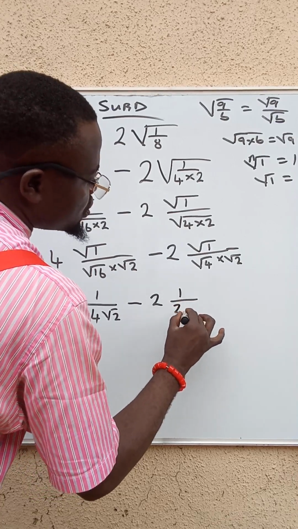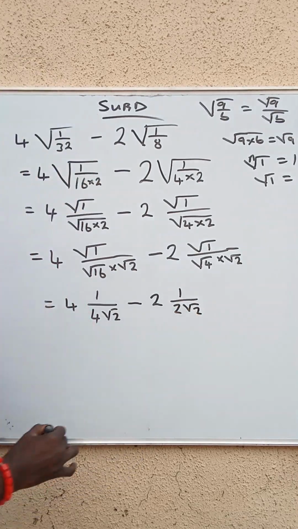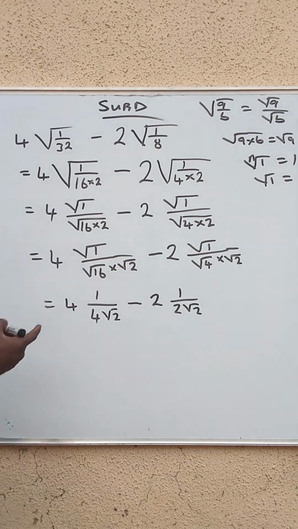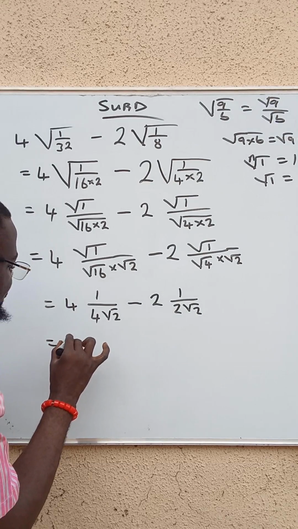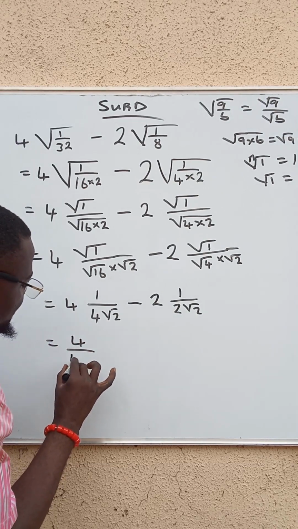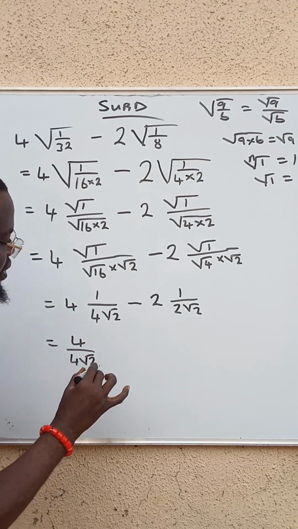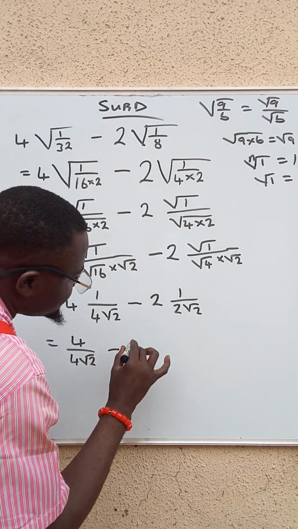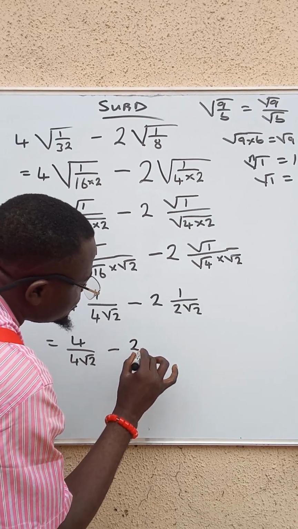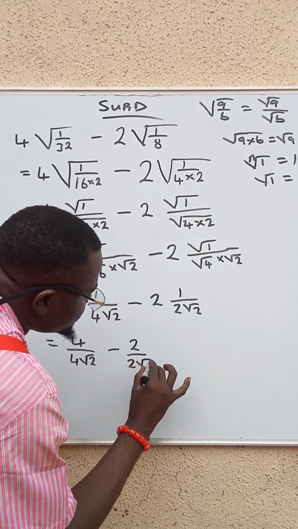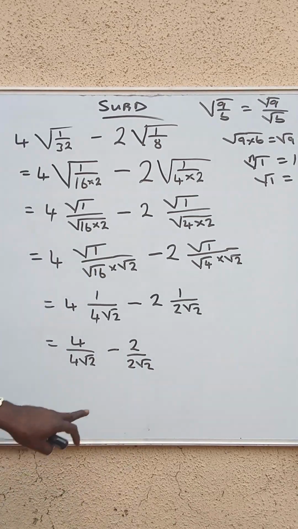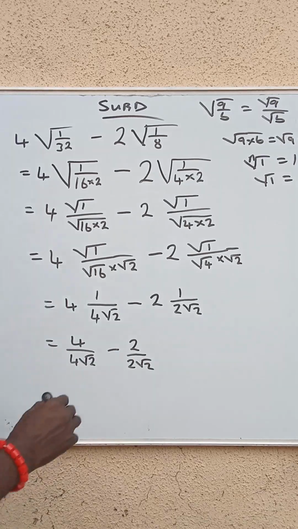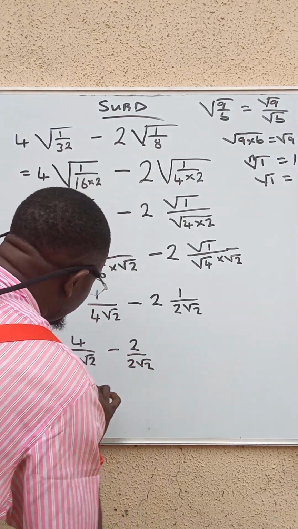Root 4 is 2. Root 2. You understand? When something is like this, they multiply up. So this will now give me 4 over 4 root 2 minus 2 over 2 root 2. Remember, 4 is here, 4 is here. They can take care of each other. 2 is here, 2 is here. They can take care of each other. I'll now have what?